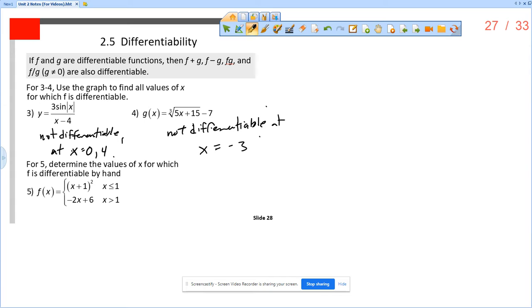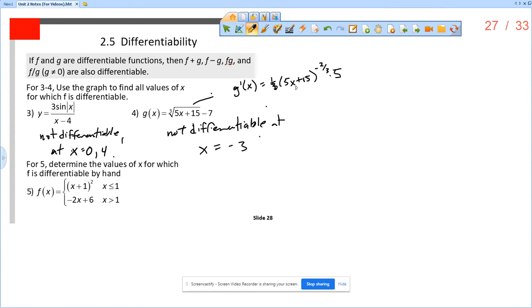Why at x equals -3? Well, because if you look at this thing, underneath the radical is 0 when x is -3. Now, you have to remember the derivative of g. Well, g would be 5x plus 15 to the 1/3 power. So g prime is going to be 1/3 times 5x plus 15 to the -2/3 power, and then times 5 according to the chain rule.